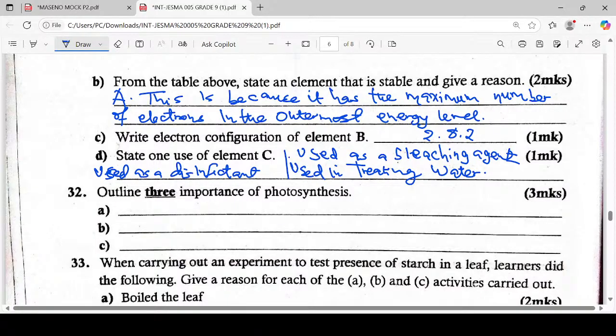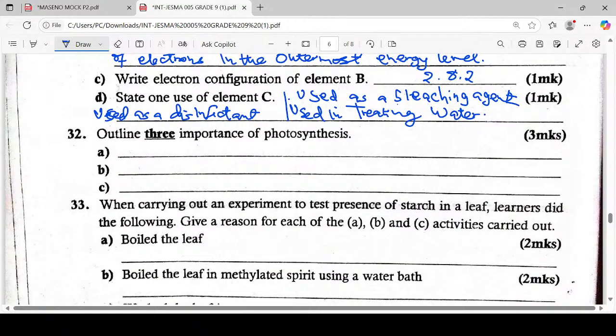Question number next, that is 32. Outline three importance of photosynthesis. What are the importance of photosynthesis? One, helps in production of food for plants.